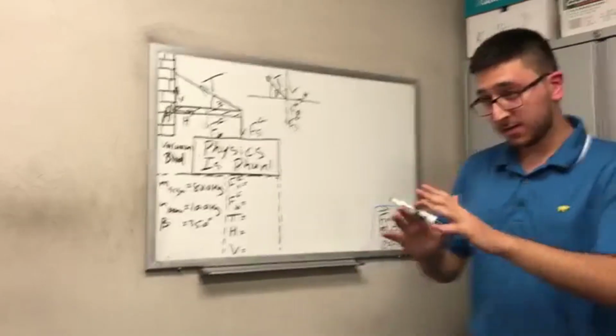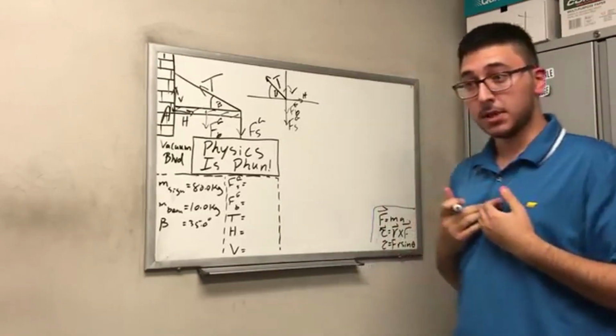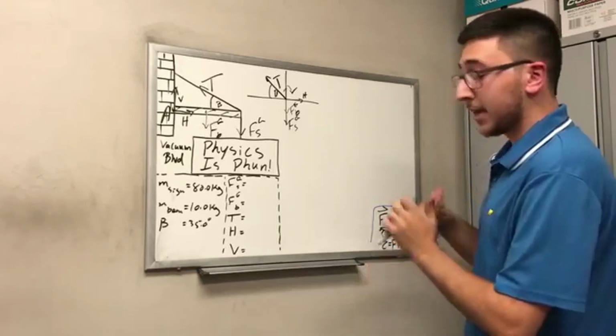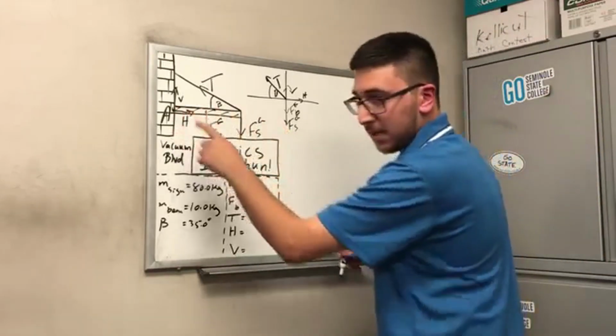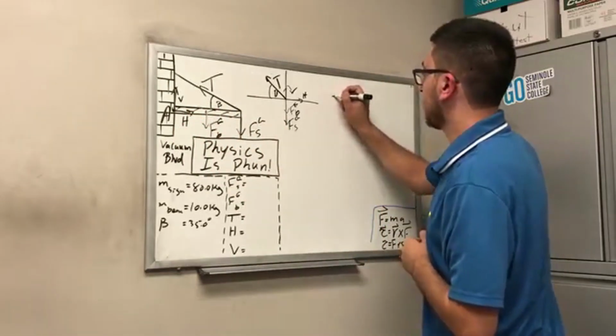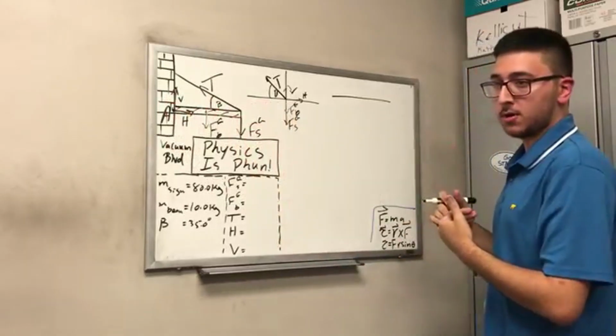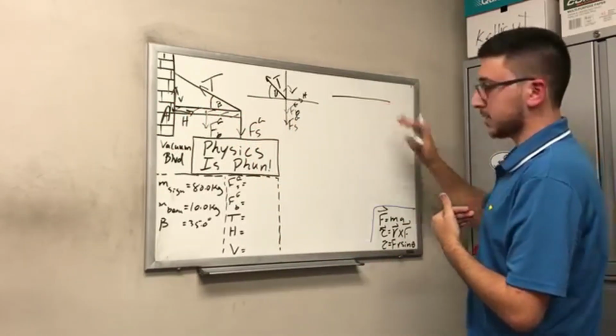But there is a second free body diagram, which I believe is a little bit more helpful for people who are starting. So what I'm going to do is represent this beam as a straight line. I'm going to take this line as the beam and draw all of my forces based on that line.